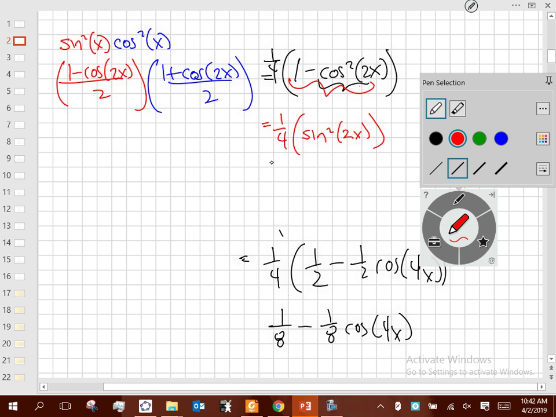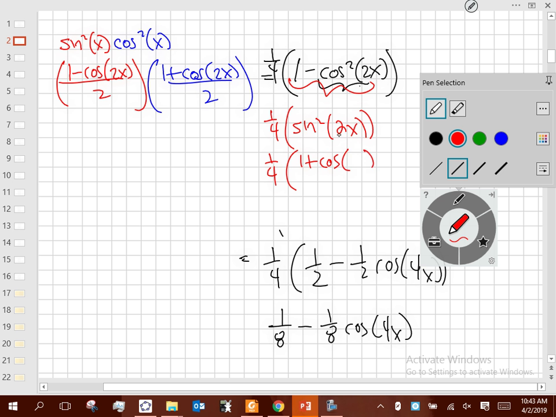And now, sine squared 2x, well, that's 1 plus cosine of, no idea what just happened. All that stuff just went weird. So this was 1/4. So sine squared of 2x. Okay, so that sine squared turns into 1 plus cosine.